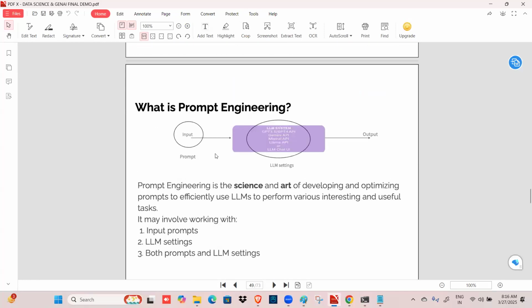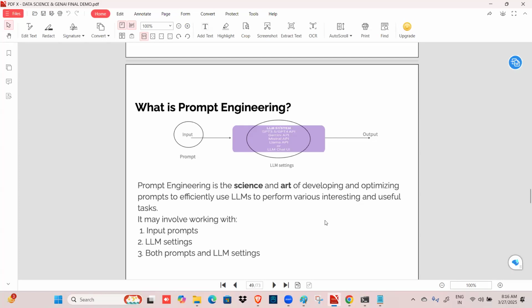And the next one is, what is prompt engineering? Prompt engineering is a science and art of developing and optimizing prompts to efficiently use LLMs to perform various interesting and useful tasks. Okay? It may involve working with the input prompts, LLM settings, or both. So here we are giving the input, there are different types of LLM models, and we are generating an output.